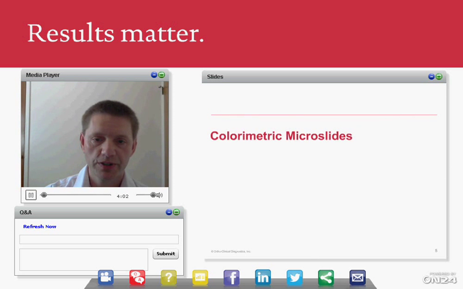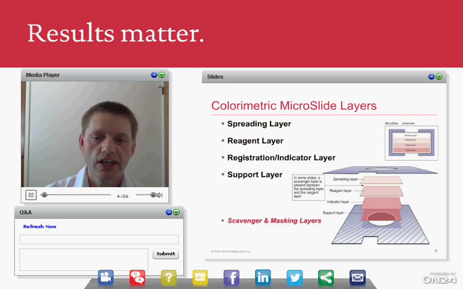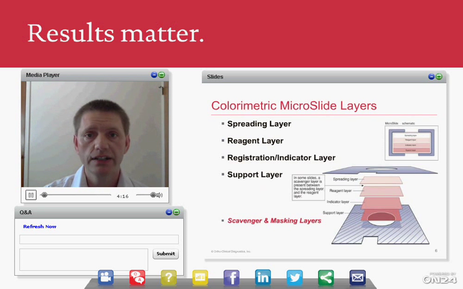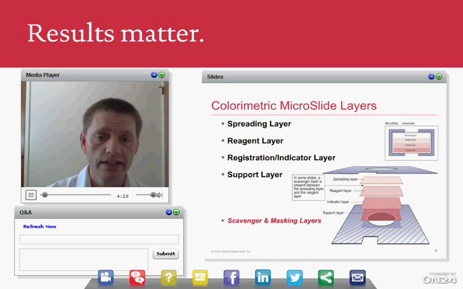So, colorimetric microslides. What this slide is showing is a general overview of a microslide. As I mentioned, there's a variety of layers. On a given assay, we'll have the number of layers that are required to do the various chemical reactions and other activities that layers do within a slide.